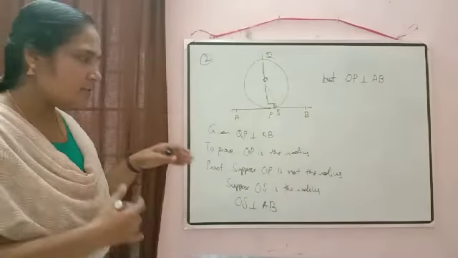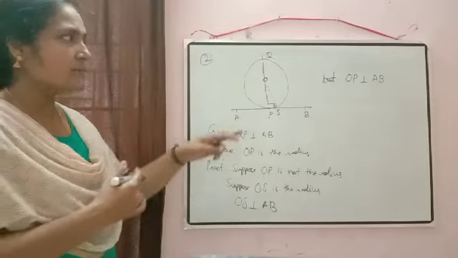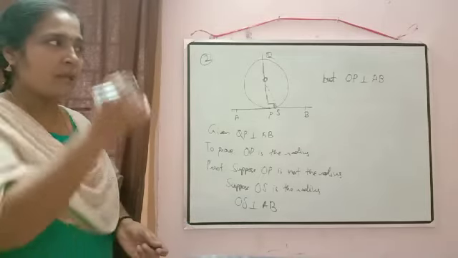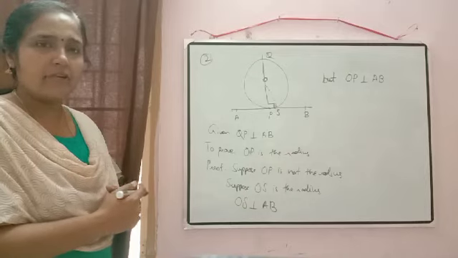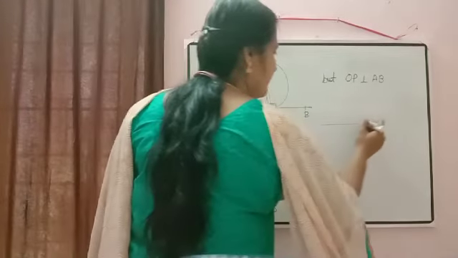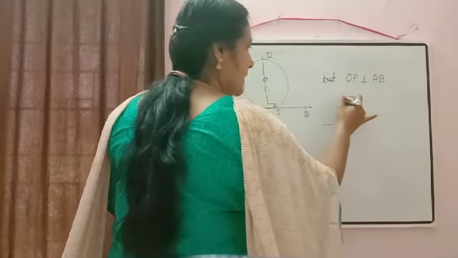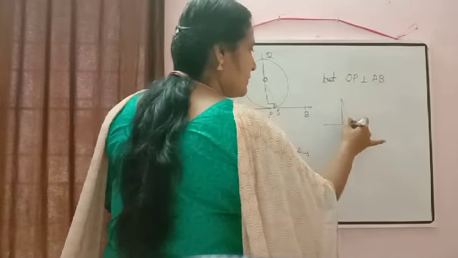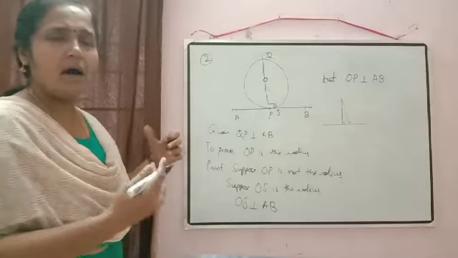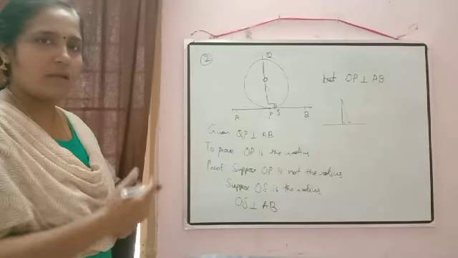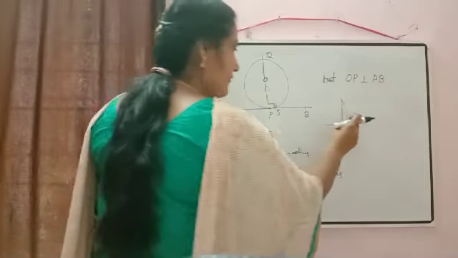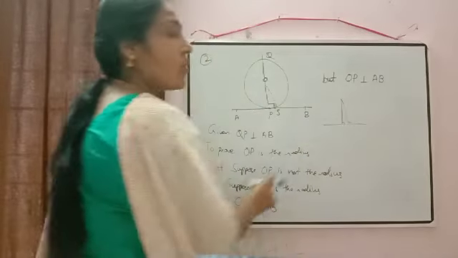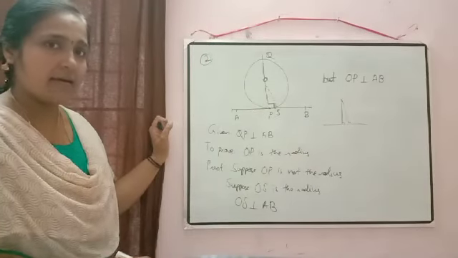So if OP is perpendicular to AB and OS is also perpendicular to AB, both are starting from the same point. How will this be possible? This will be possible if P and S coincide with each other. Correct?